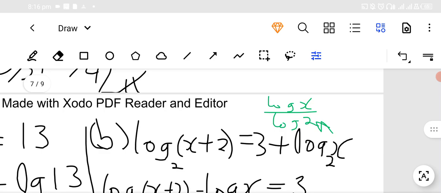Here we had x plus 2, divided by log 2. Then here we had the log of 15 divided by 7, divided by log 2. The answer we find, we add 3. I hope you have proved that it gives the same thing.